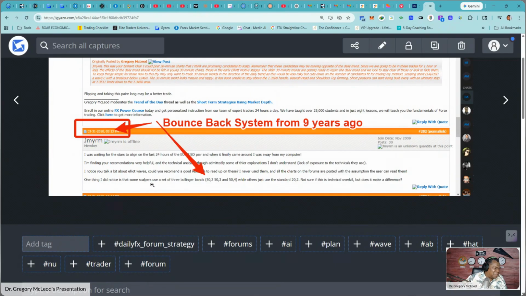One thing I did notice is some scalpers set 3 Bollinger Bands, 52, 53, 54, while others just use a standard 22. So this is the bounce, the 2010. That was a long time ago. That was trend of the day, short-term strategies using market depth.